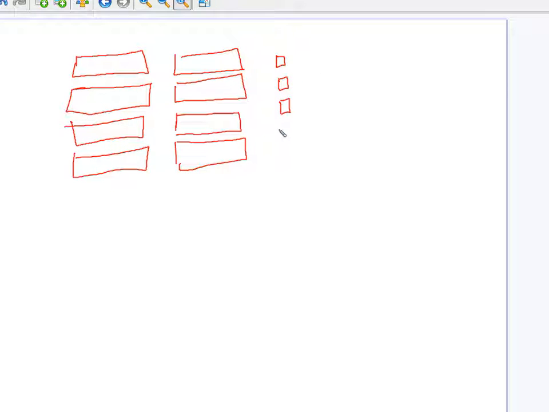I'm just going to identify each one. R, R, R, R, R, R, R, R. So the expression is 8R plus 5. The long blocks are represented with the variable and the coefficient. And the constant is represented by the little small ones.